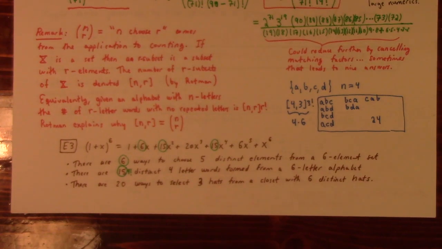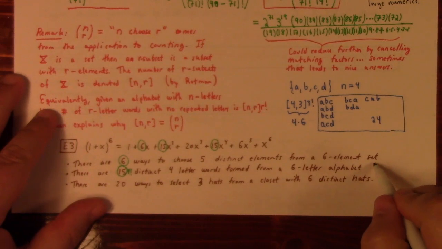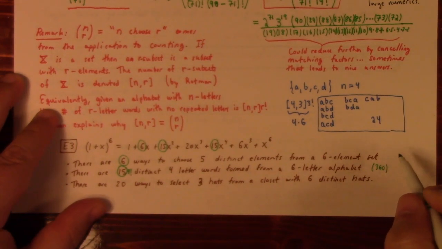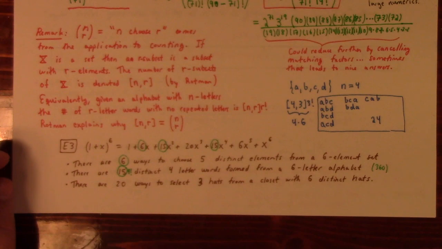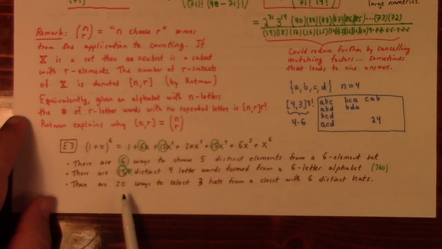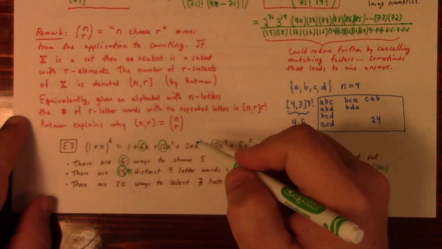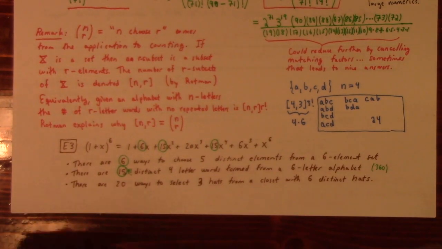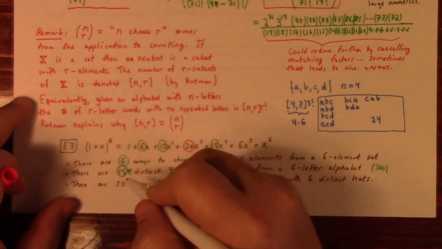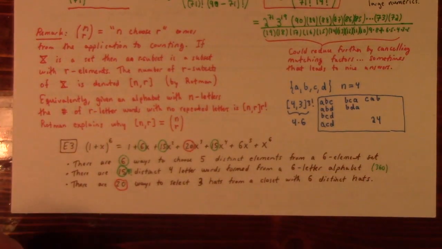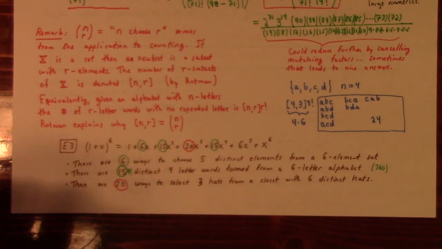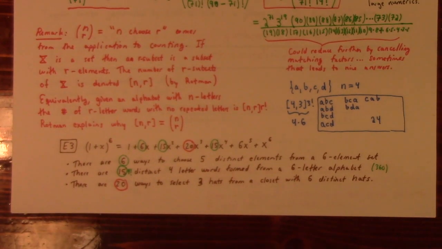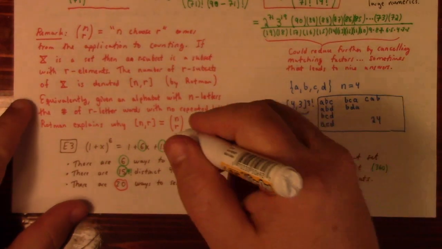So 360, because I have to multiply 6 choose 4 by 4 factorial. There are 20 ways to select 3 hats from a closet with 6 distinct hats, all right?